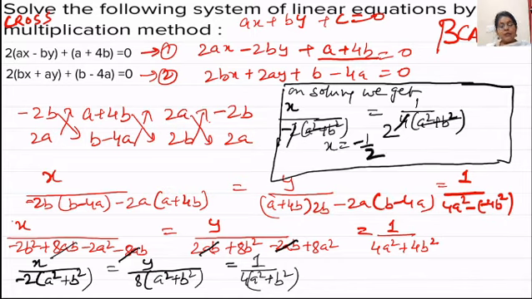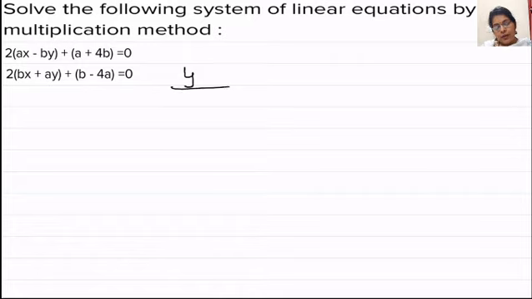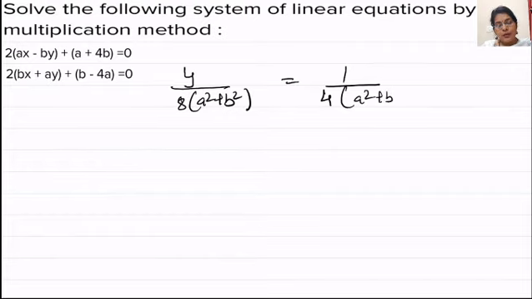And how will we solve the value of y? We have just got it here: y upon 8 times a square plus b square is equal to, we will just compare with 1 upon 4 times a square plus b square.